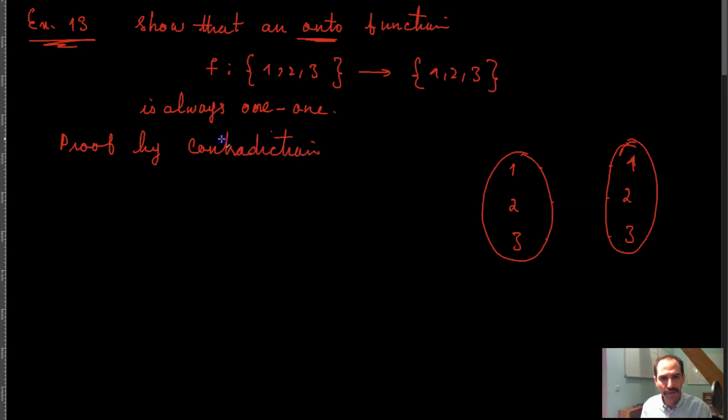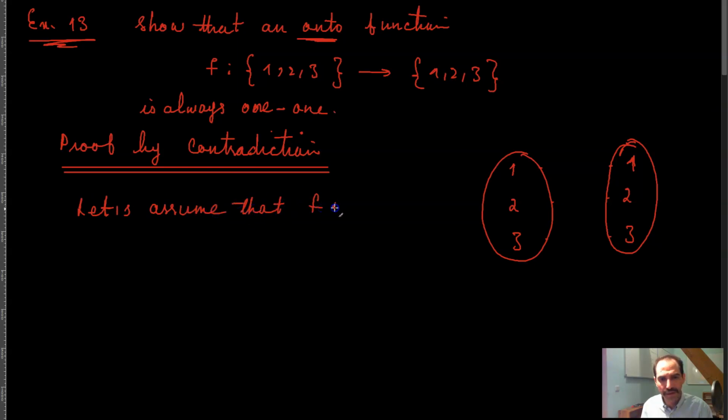Right? By contradiction means that let's assume that f is not 1-1. So then there must be at least two elements in the domain of the function.